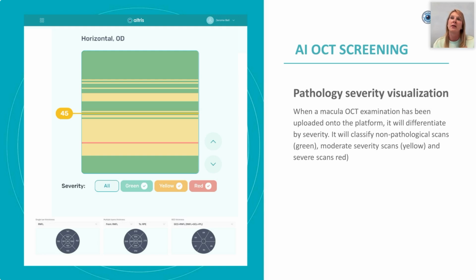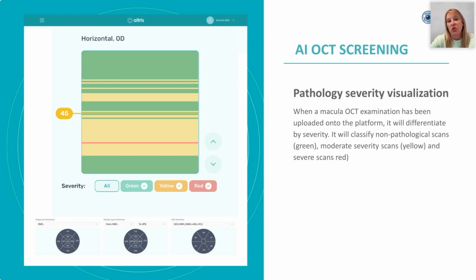Also, by analyzing DICOM files, Altris gets information about measurements. It can measure pathologies. I will talk about it a little bit later. So basically, we can identify pathologies, we can calculate pathologies, and it also gives us an understanding of volumes, because we usually use 3D mapping in OCT, and Altris can analyze this too.